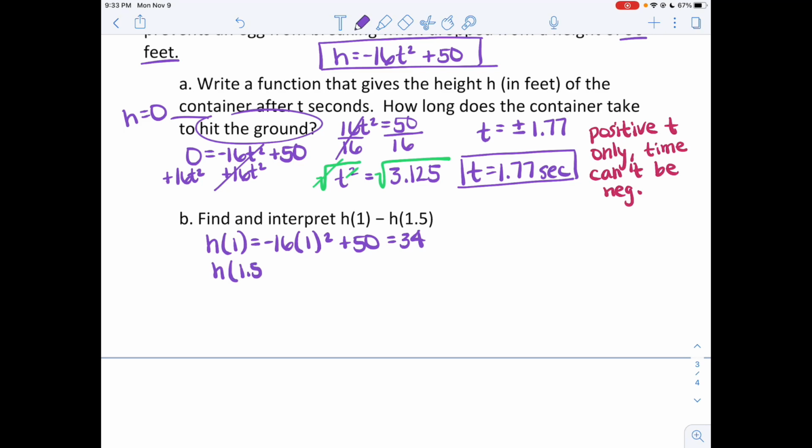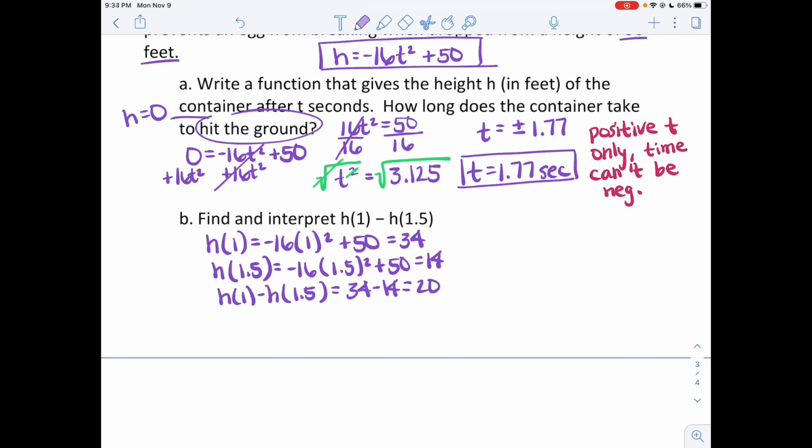H at a t value of 1.5 will be negative 16 times 1.5 squared, again, plus 50, and that gives me 14. So if I want h of 1 minus h of 1.5, that is simply going to be 34 minus 14. And that's going to give me 20.